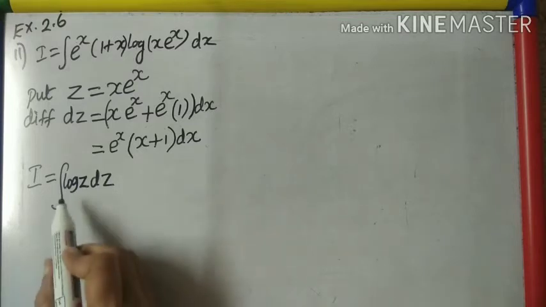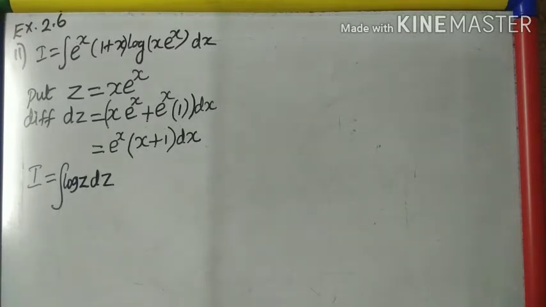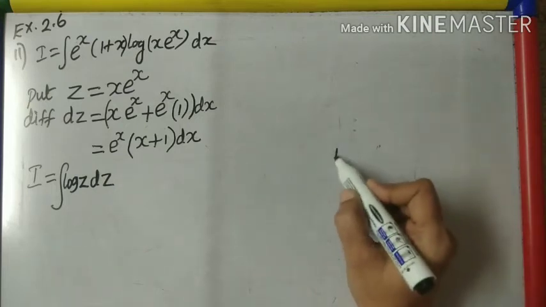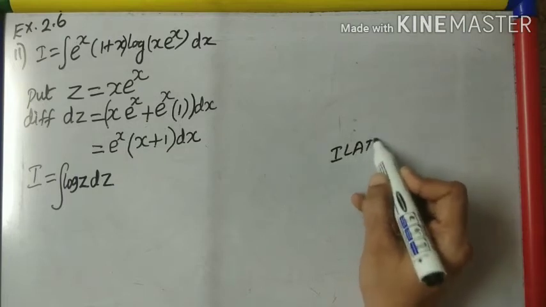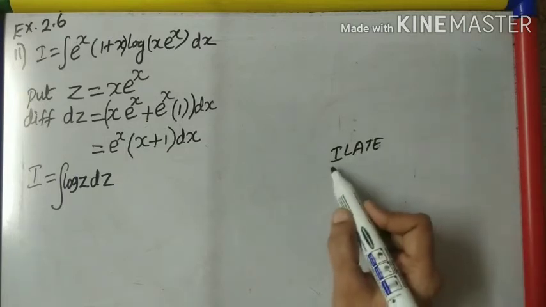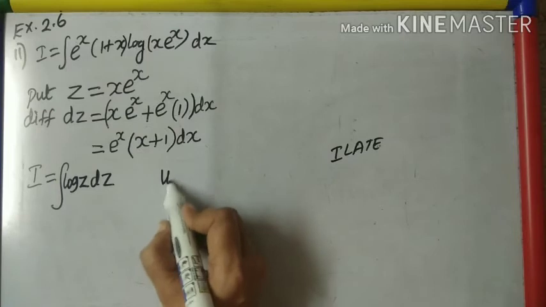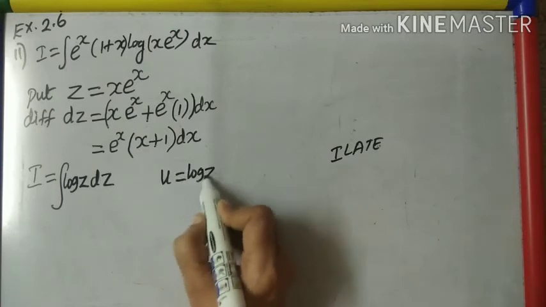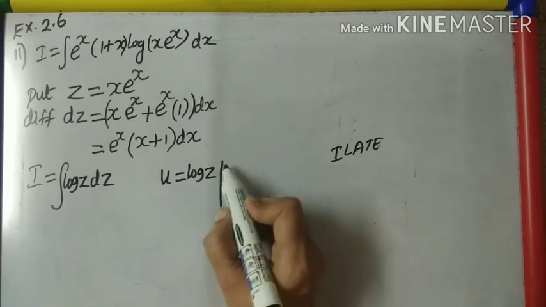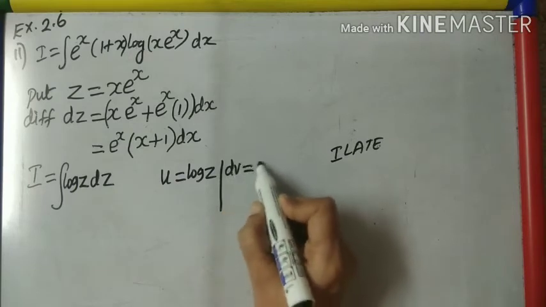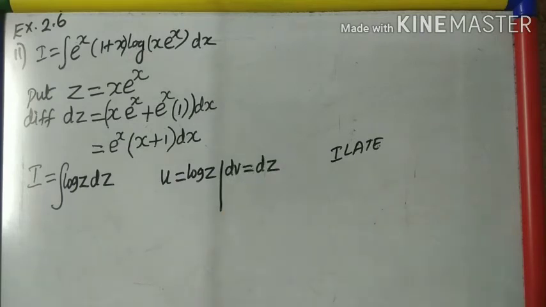Now how to do this log z dz? Whenever logarithm comes, I have to go with integration by parts. What is the principle for integration by parts? ILATE. I stands for inverse, not present. L for logarithm, logarithm present. So take u is equal to log z and the left out is called dv. dv is equal to dz.